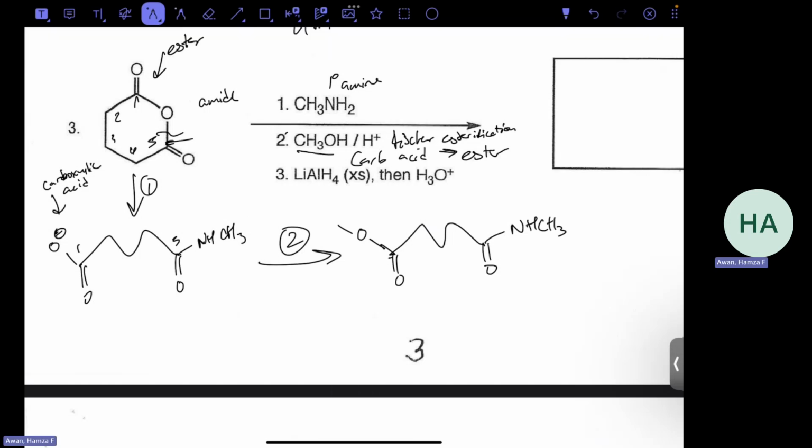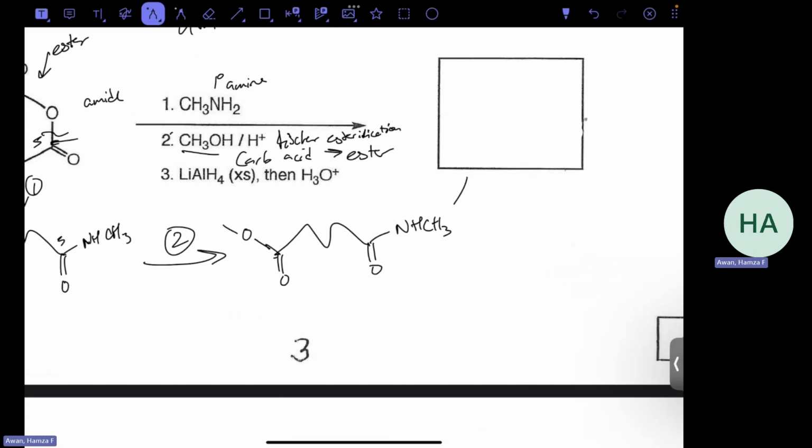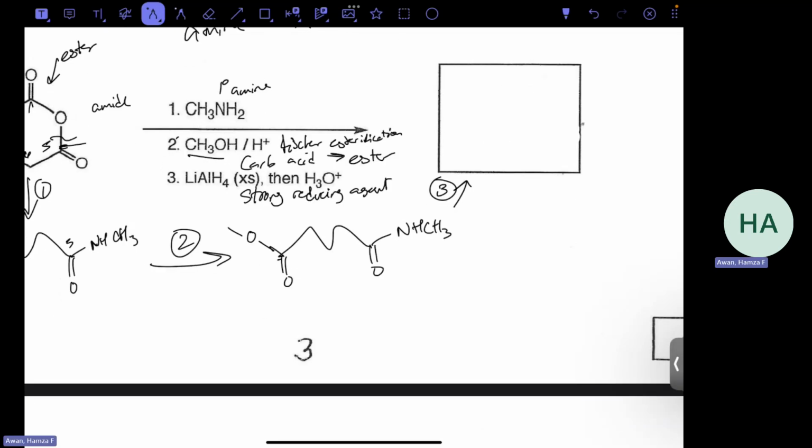And our last step, step 3, LiAlH4 and H3O plus. This is a strong reducing agent. What it's going to do with esters and amides: esters are going to go all the way back to an alcohol, and amides are going to go all the way back to amines.